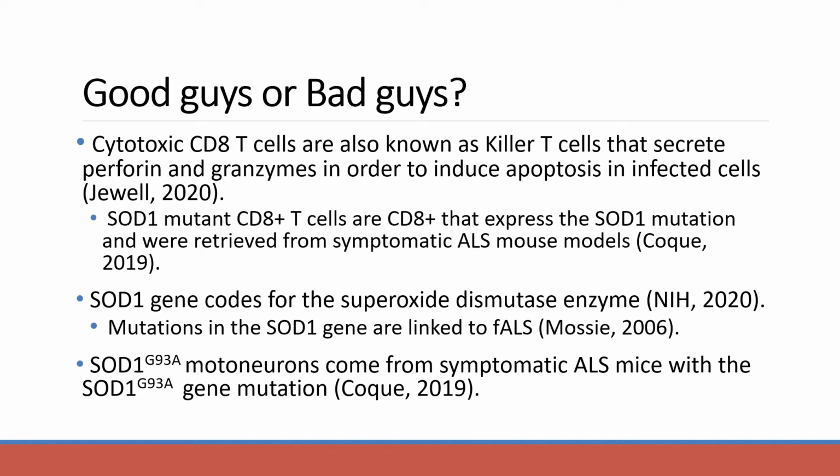SOD1 mutant CD8 T cells are CD8 T cells that express the SOD1 mutation. These CD8 T cells were retrieved from symptomatic ALS mouse models that had the SOD1 mutant gene.